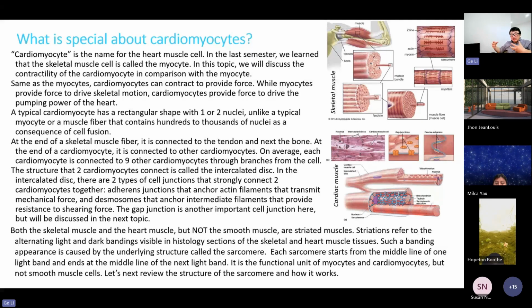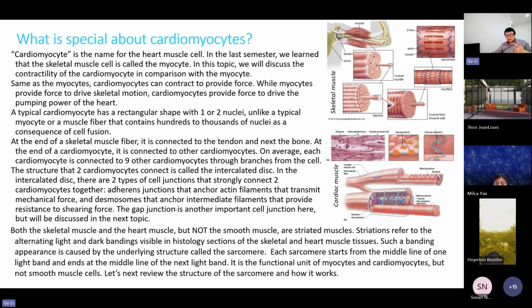How can the mechanical force be transmitted from one cardiomyocyte to the next? Through another junction, called the adherens junction. The adherens junction directly connects the sarcomere of one cell to the sarcomere of the next cell.